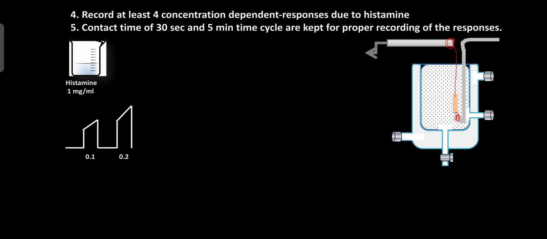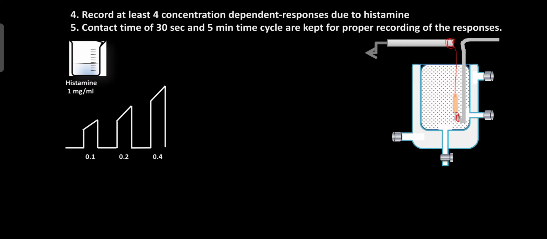Then after the 5-minute time cycle, once again record the baseline without any drug for 30 seconds. Then add 0.4 ml of histamine solution and record the responses of histamine due to addition of 0.4 ml of histamine for 30 seconds. After 30 seconds, stop the drum and wash the tissue.